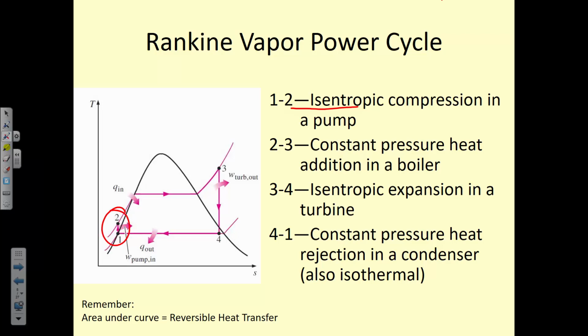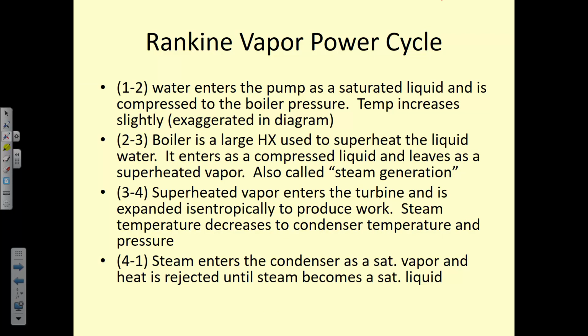So there's significantly less power that has to be returned to the pump in order to complete the cycle. So in a gas turbine, we have to power a compressor, which requires sometimes half or more of the power that we're generating in order to keep the cycle going. Whereas with a pump, much less of the energy that you create goes back into powering the pump. There are other positives and negatives to these two, but that's one major one.